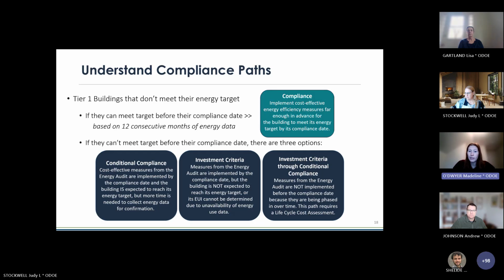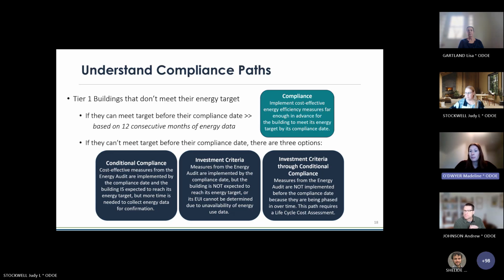In conditional compliance, you implement those energy efficiency measures before the compliance date. Great. So your building's going to go under target. However, you just don't have the data. Once you contact ODOE and say, hey, I've done what I'm supposed to do, it's just I don't have the data, you'll be put on a conditional compliance pathway, which grants you that conditional compliance until your building's data shows that you're hitting the target.